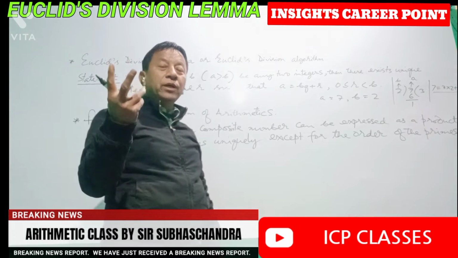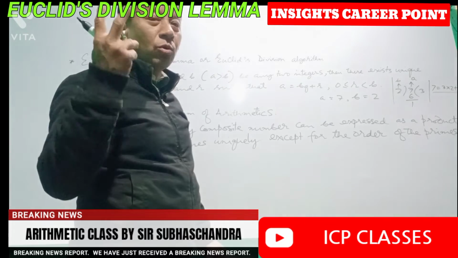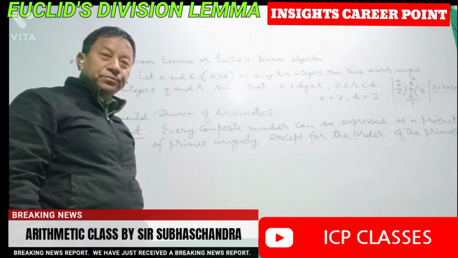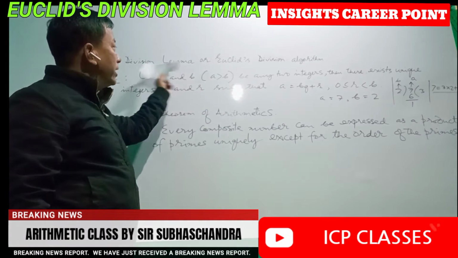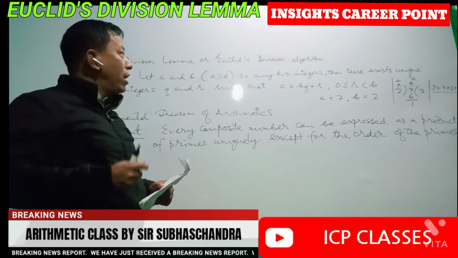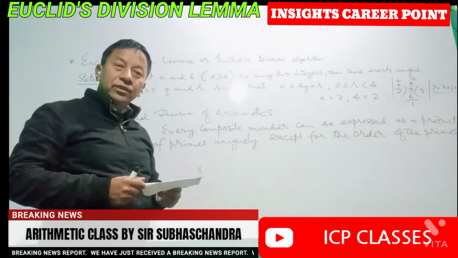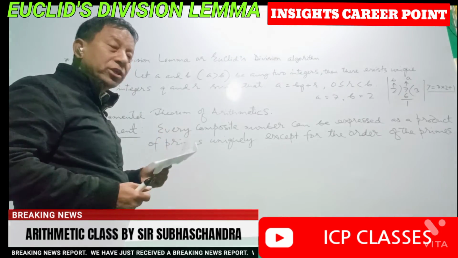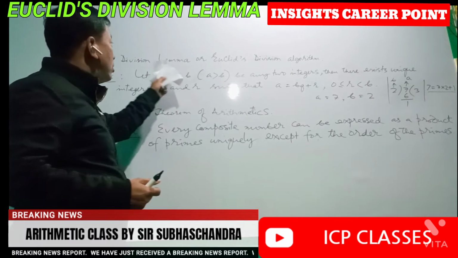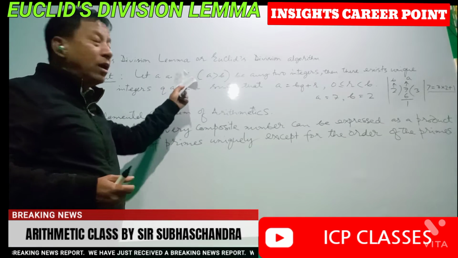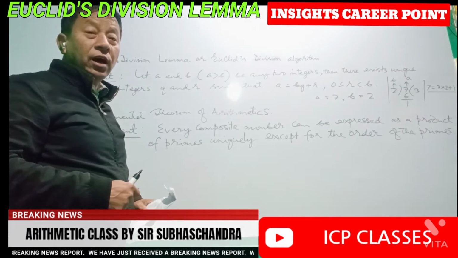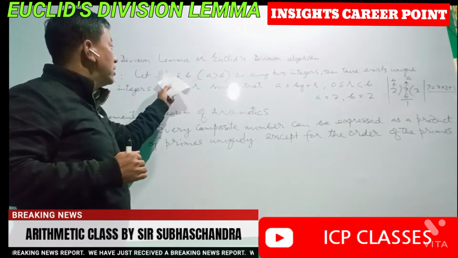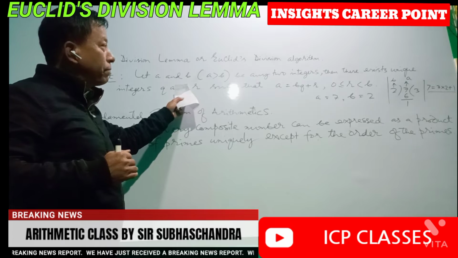Both carry the same meaning. In the examination, for 1 mark, a question may be asked: State Euclid's division lemma or Euclid's division algorithm. At that time you have to give this statement.